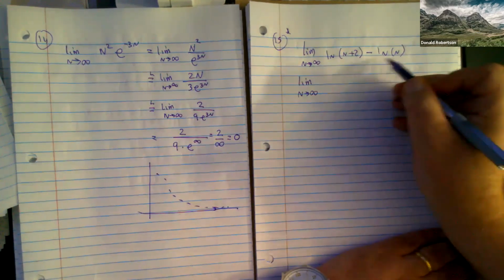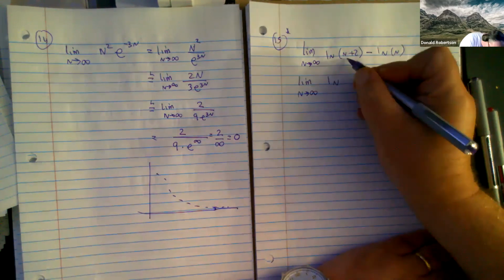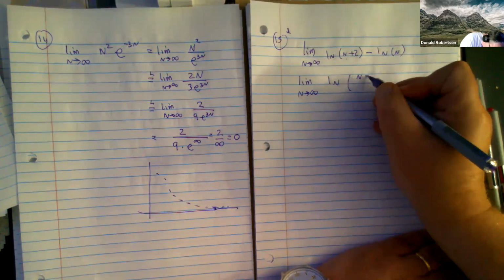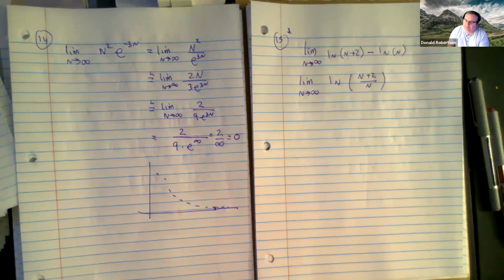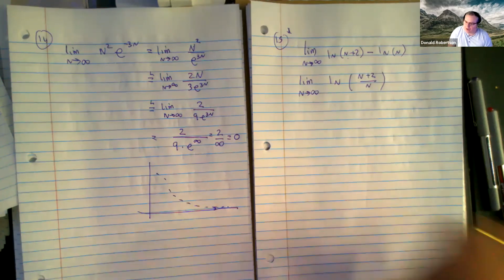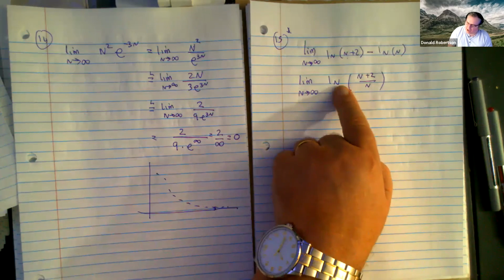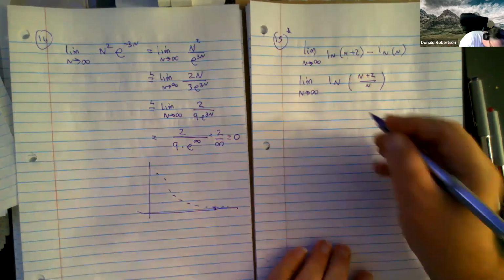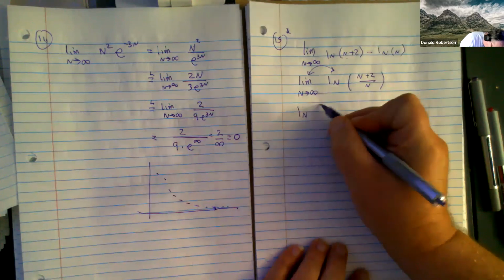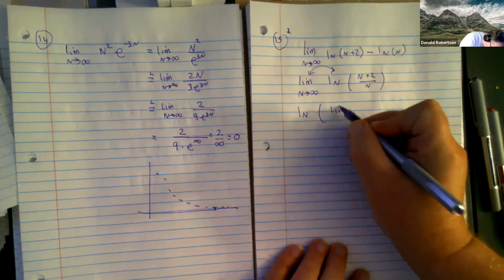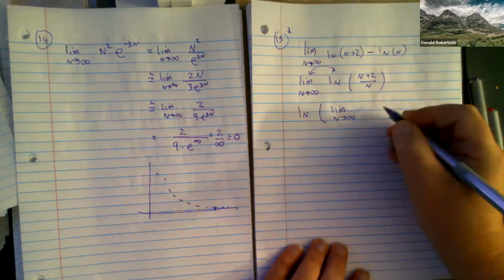Now what you do here is a log take away a log can be combined into a single log like that. So I've got a fraction, but I got a log. Well, we can do something. You are allowed to switch places. In other words, you can find the log of the limit, and the answer you get will be correct.